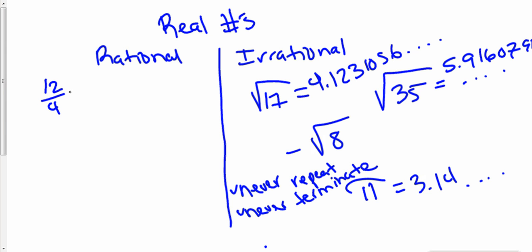Actually, let me give you a better example. 12 over 14 would be a rational number because it's written as a fraction, okay? But it doesn't classify as any other type of number because it's a decimal.